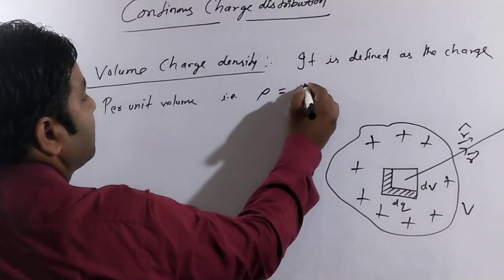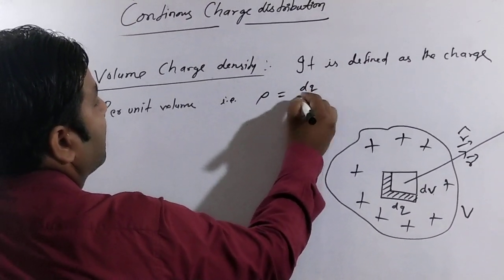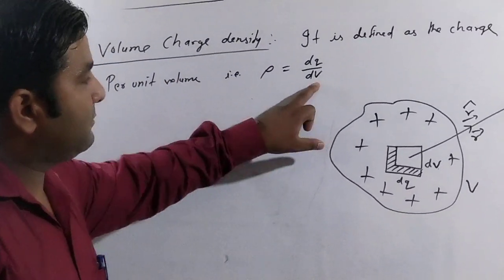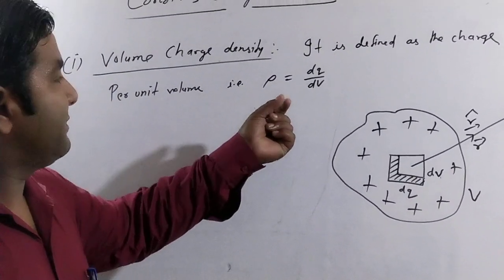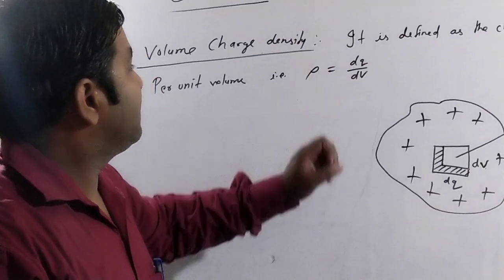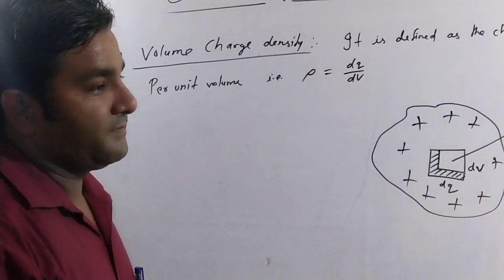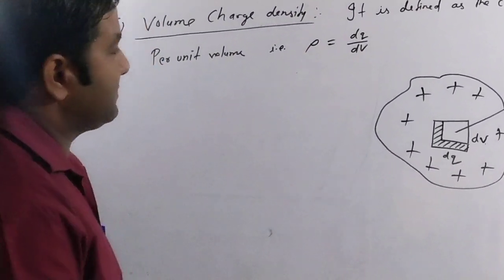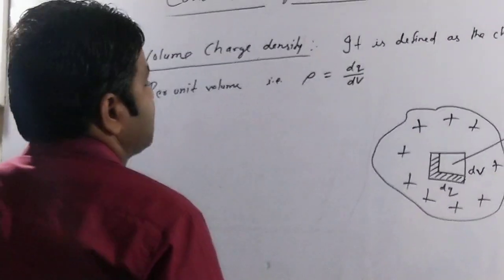That is rho is equal to dq upon dv. Suppose dv is the unit volume, meaning minimum volume, and dq is the minimum charge taken. Then this is the volume charge density, and with the help of this we can calculate the value of force as well as the value of intensity.